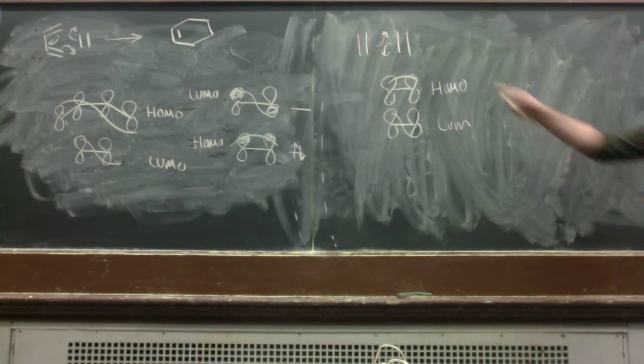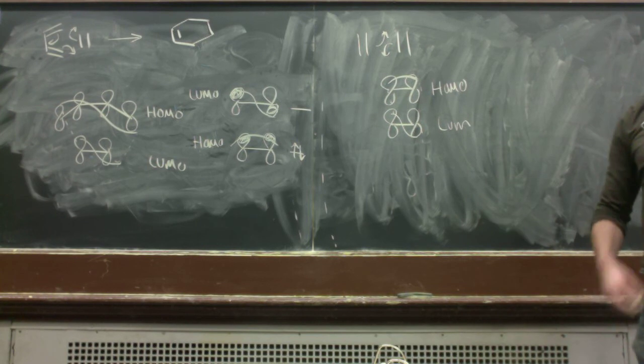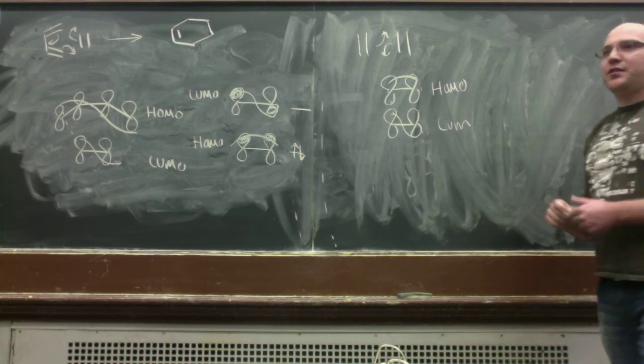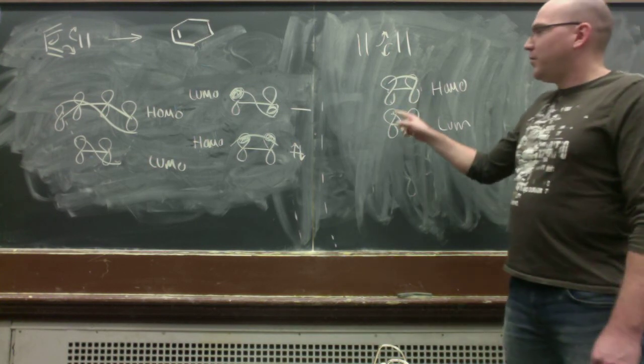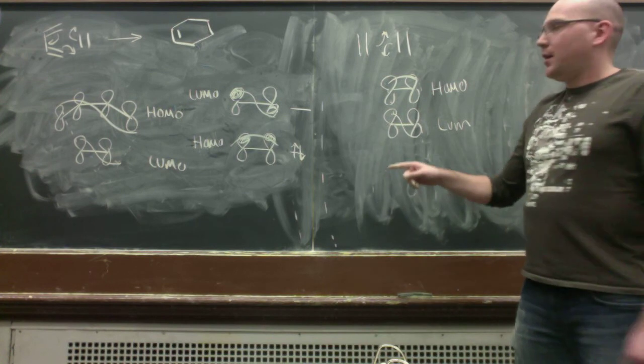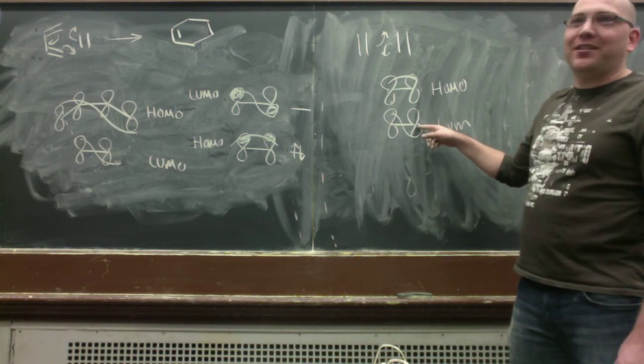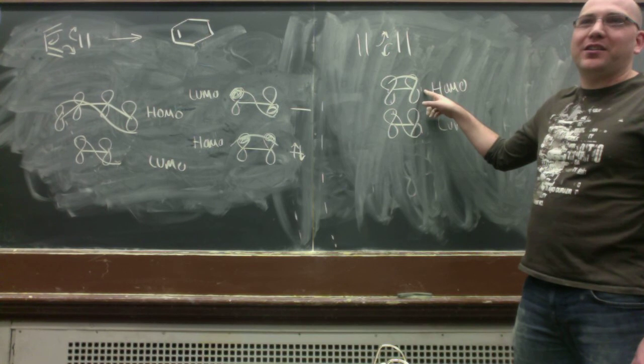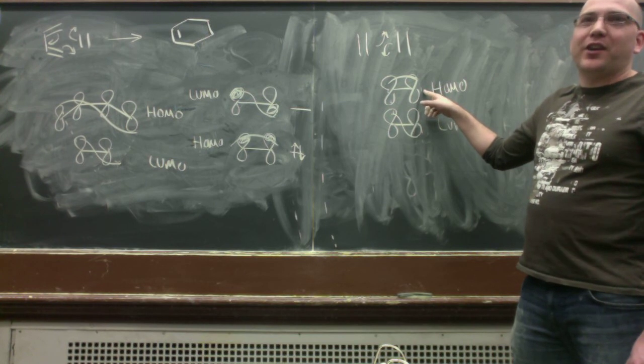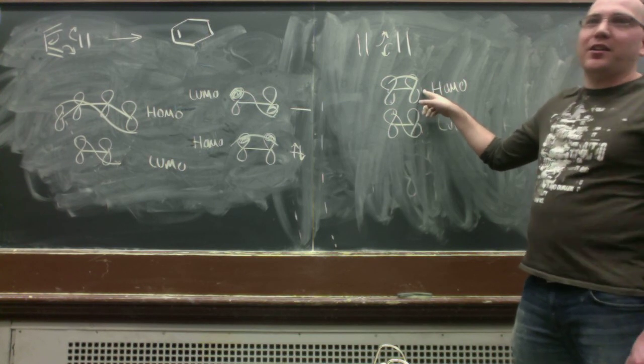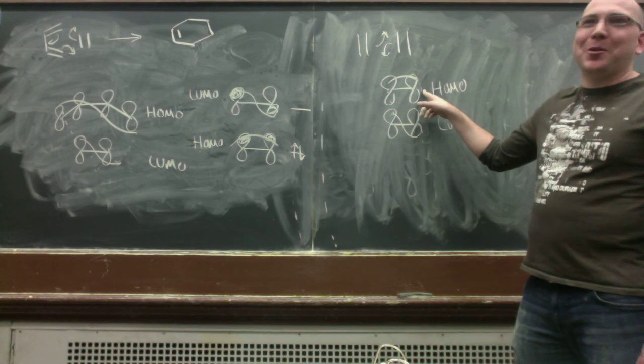You can do this reaction, but you need to do something a little bit different. If the HOMO as it exists here and the LUMO as it exists over here aren't reacting with one another, what do you have to do? You have to change the HOMO or change the LUMO.